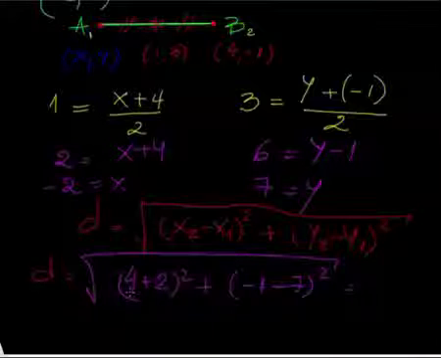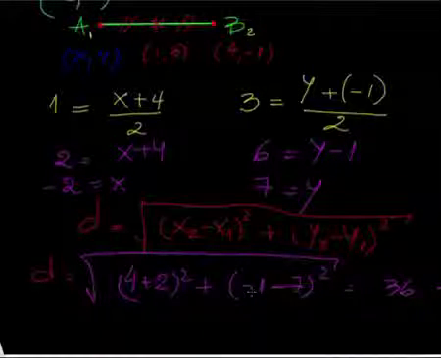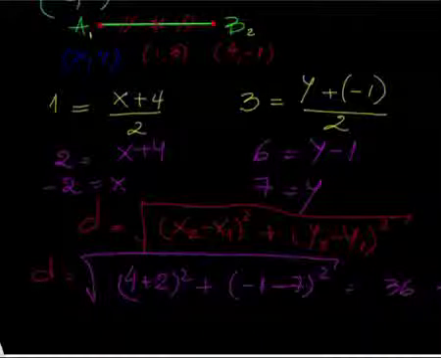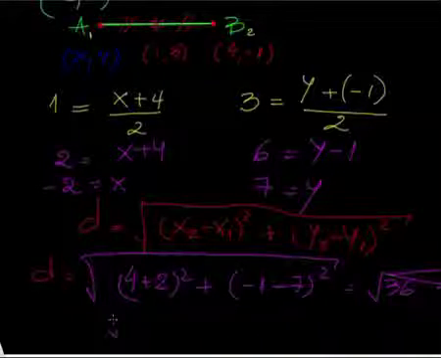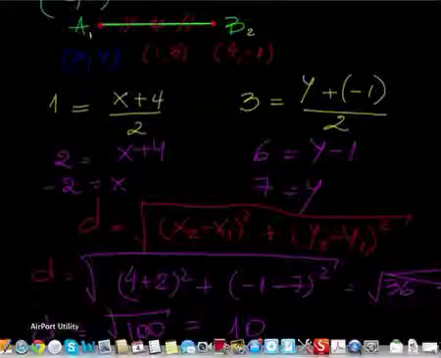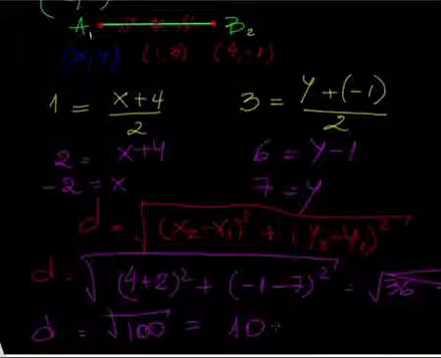We can say that 4 plus 2 is 6. If I square that, I should get 36, plus negative 1 minus 7, that is negative 8. If I square that, it's going to be a positive 64, and 36 plus 64, that's 100, and an easy number, 10. So I know the length of the diameter is going to be equal to 10.